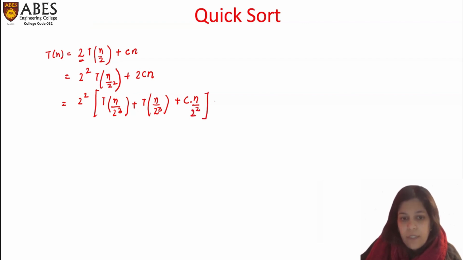And outside we had 2Cn. If we calculate it, we get 2 cube T of n upon 2 cube, plus this will be cancelled with this 2 square, and again we will get Cn. So this can be written as 3 of Cn.